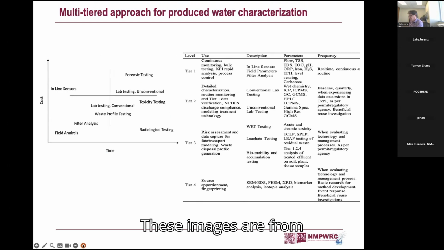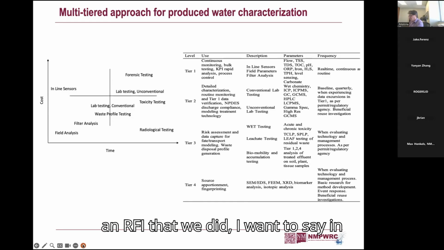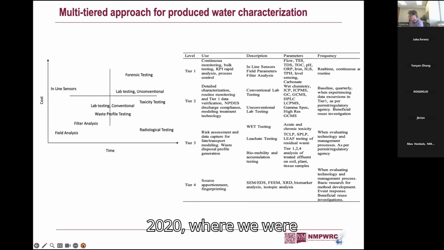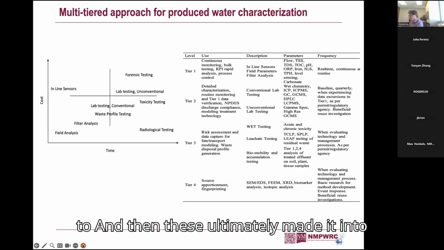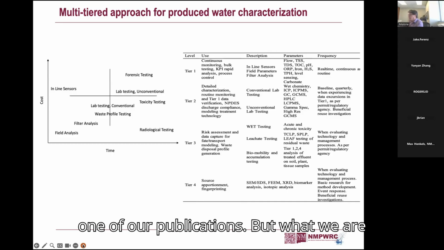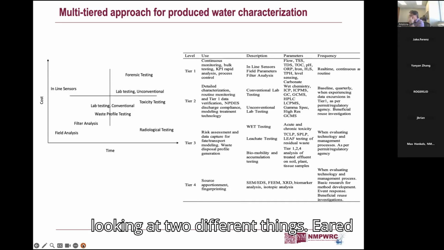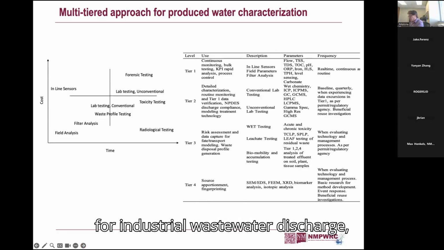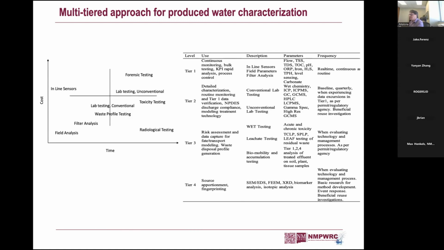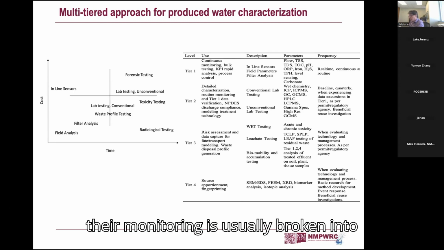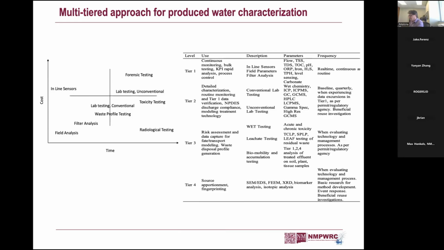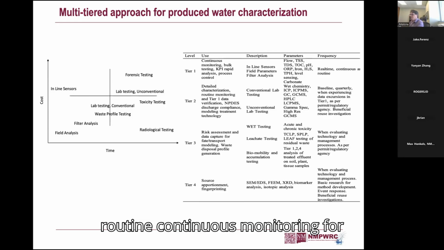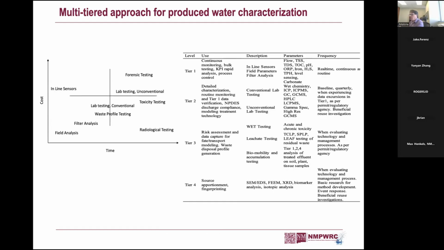These images are from an RFI that we did, I want to say in 2020, where we were soliciting laboratory services. And these ultimately made it into one of our publications. What we were looking at was tiered testing. If you look at conventional NPDES permits for industrial wastewater discharge, their monitoring is usually broken into tiers where they have routine, continuous monitoring for indicator species.